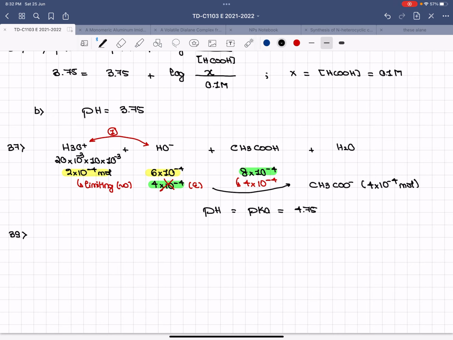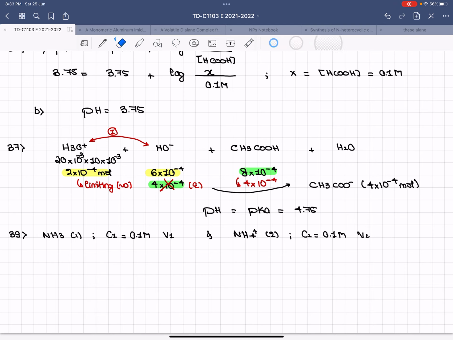I have the couple NH3 and NH4 plus, both 0.1 molar. Let's say NH3 is 1, and C1 is 0.1 molar, V1 is unknown, and NH4 plus is 2, C2 is 0.1 molar, and V2 is unknown.